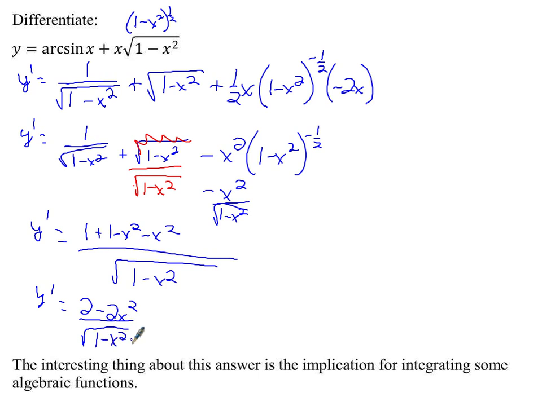Are we done? We can take the 2 out. We will, because there's actually more to do here. We take the 2 out, and we have 1 minus x squared divided by, technically not the square root of 1 minus x squared, but 1 minus x squared to the 1/2.